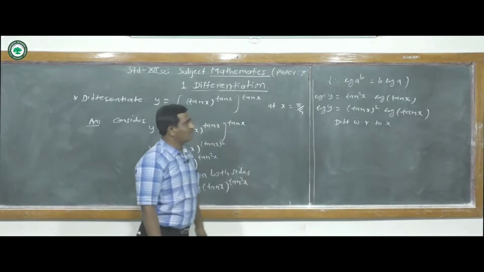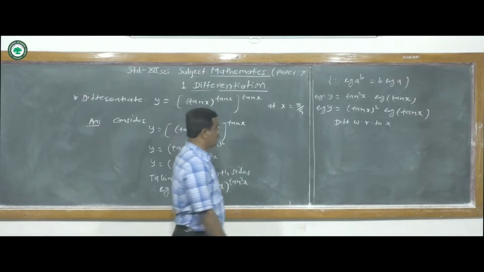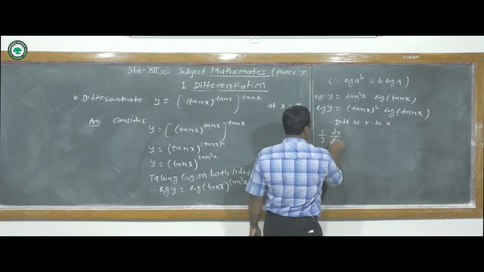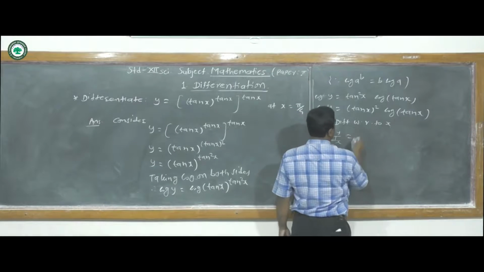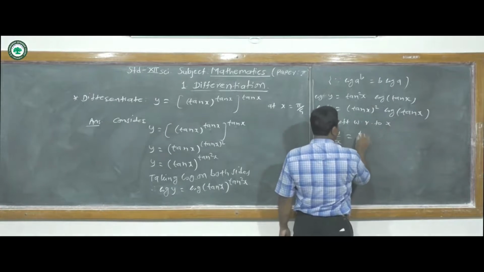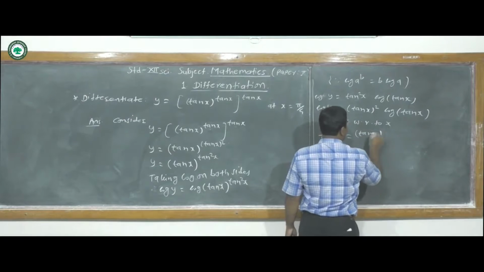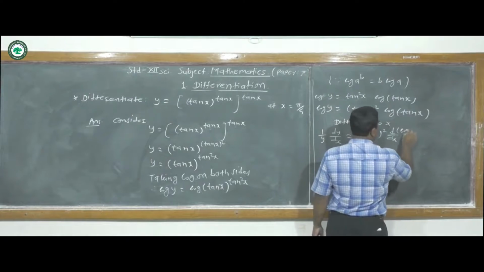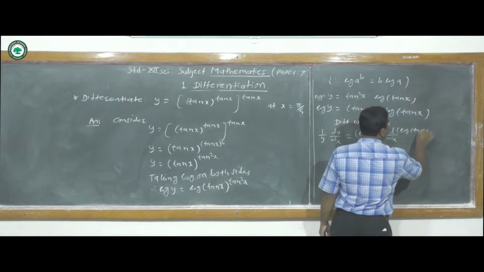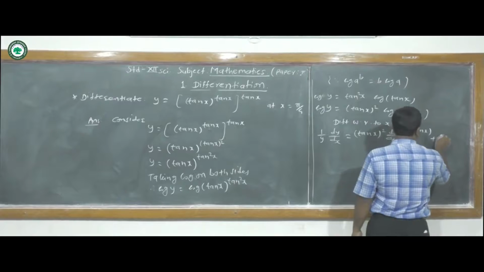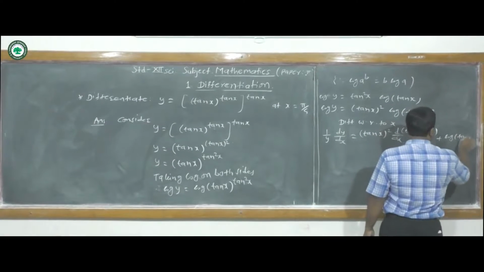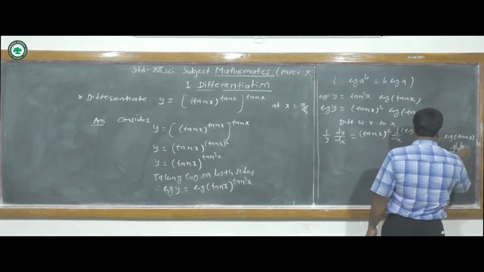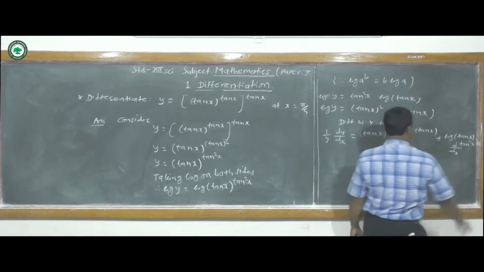Derivative of log y with respect to x is 1 upon y into dy by dx equal to, here a product of two functions: keep the first function as it is into derivative of the second function plus the second function as it is into derivative of the first function tan square x.